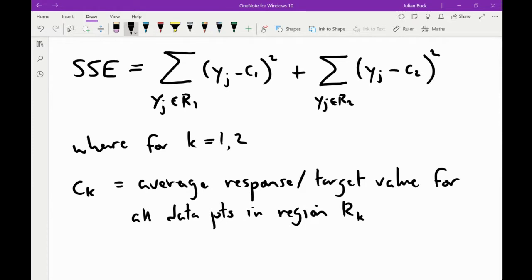So we've split into region 1 and region 2, and we take all the data points in region 1 and average the response values to get C1. Then for each individual target value in region 1, we take the difference between that and the average. Essentially we're measuring deviations away from the mean, then squaring those and adding them all up. And similarly for region 2. So at each split, we try to figure out how to divide into region 1 and region 2 to make this total sum of squares error as small as possible.